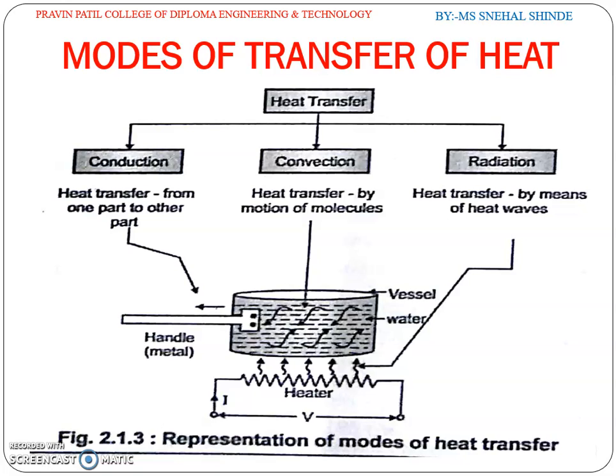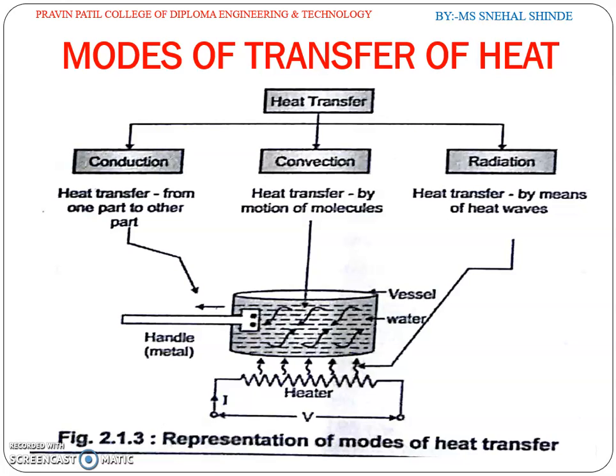Heat is always transferred from hot body to cold body, for example, from the heating element to the body to be heated. This transfer of heat is due to conduction, convection, radiation, or by a combination of these.